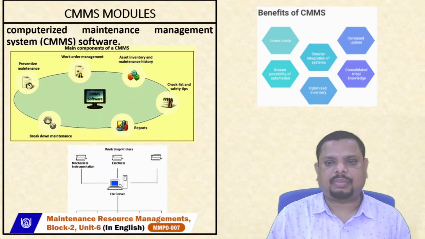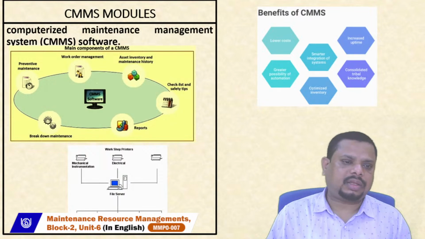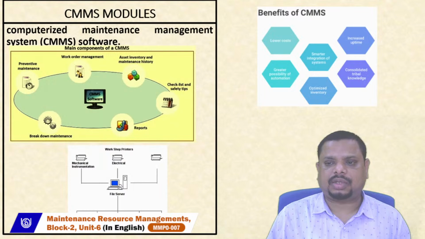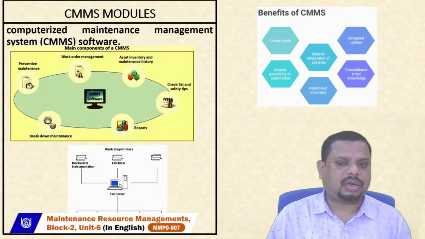Let's understand what the major benefits of these CMMS modules are, that means computerized maintenance management system software. The first one is lower cost. Whenever you introduce the software in your existing organization, day by day they will directly or indirectly reduce the cost in every aspect: maybe the downtime cost, material cost, cost of equipment repairing, documentation cost, administrative overhead cost.